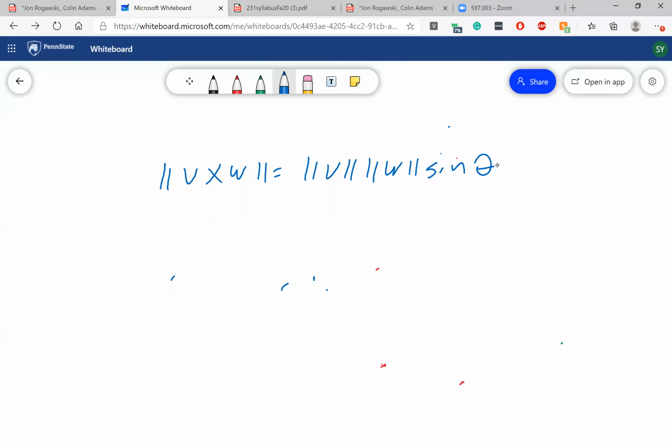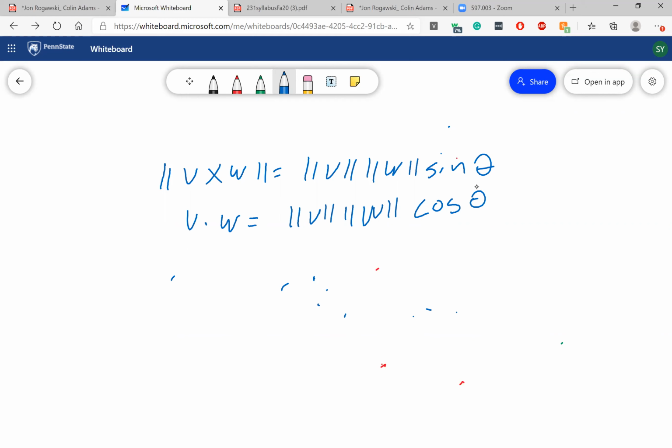And this should remind us somewhat of the dot product equation with cosine, which is that v dotted with w is equal to the magnitude of v times the magnitude of w times cosine of the angle between v and w.